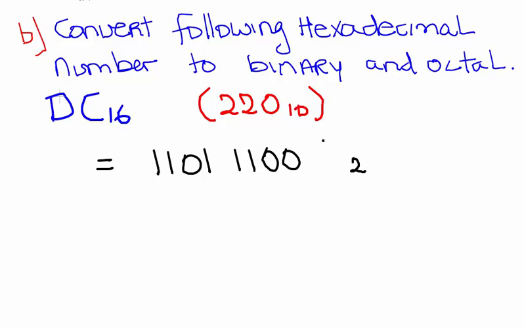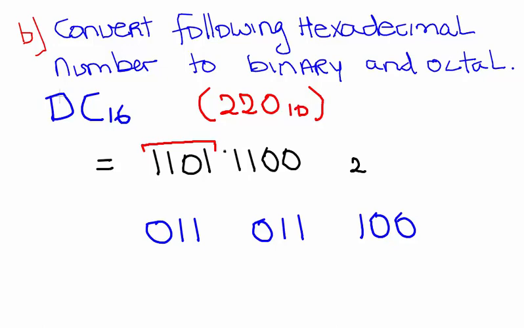So let's just write that out starting from the left hand side. 011, 011, 100. So when we start off with hexadecimal, those are our quartets. But now we're going to split them into triplets.